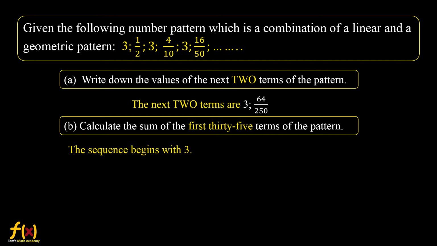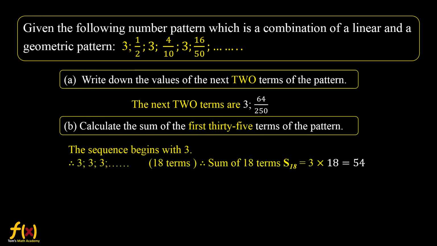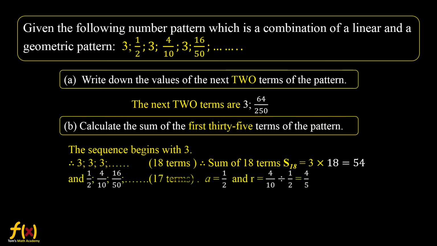The sequence begins with 3. So out of the 35 terms, 18 terms will be 3. The sum of 18 terms is 3 times 18, which gives us 54. The remaining 17 terms are from the geometric sequence.